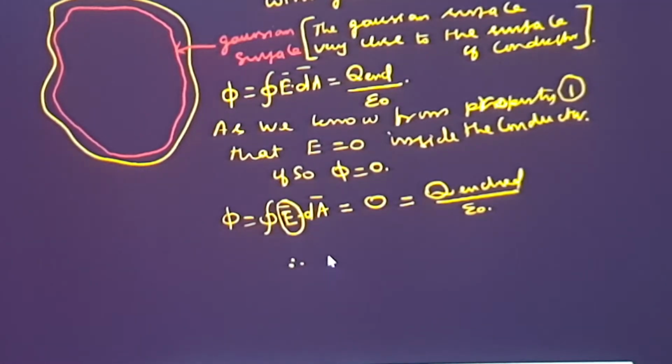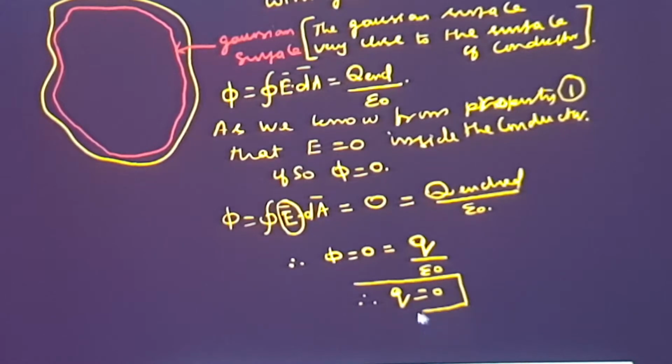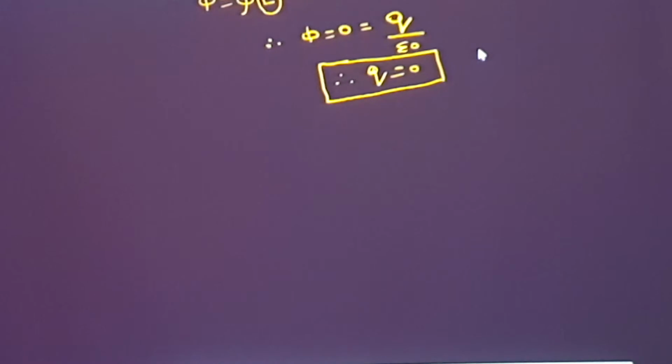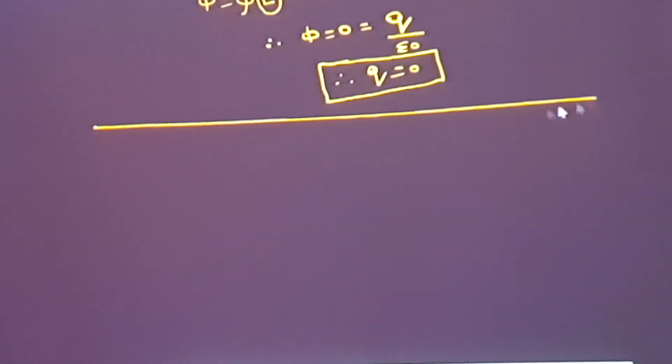Therefore, by cross multiplication, the charge inside this conductor is equal to 0. After finishing all the remaining two properties, let us summarize.